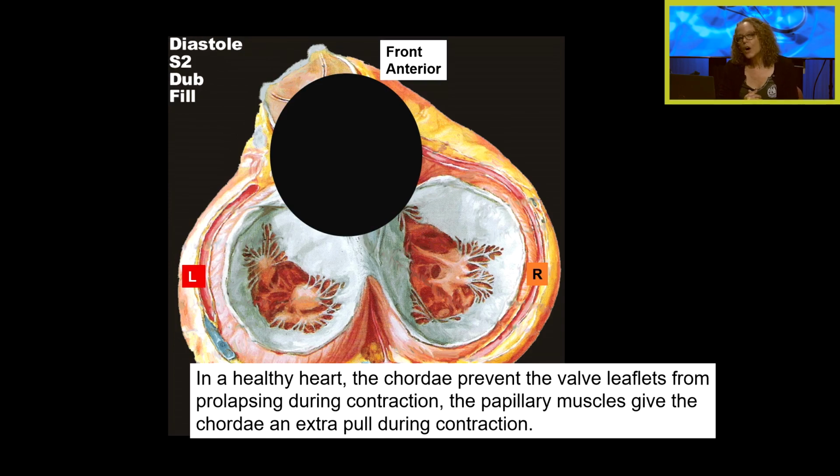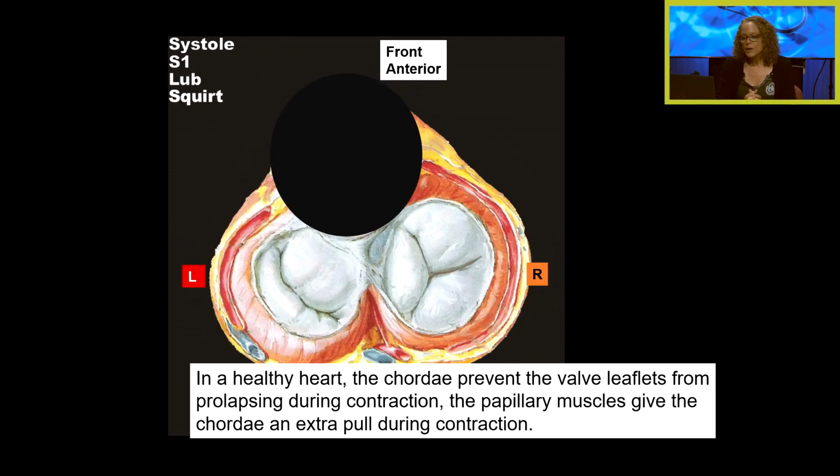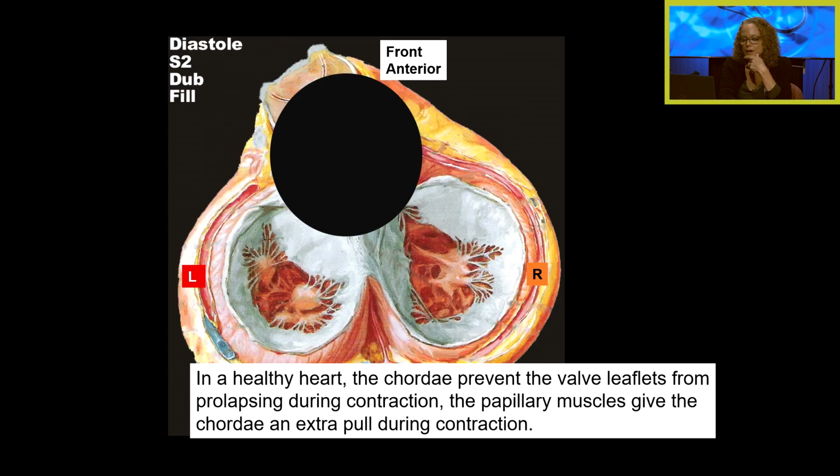So in a healthy heart, the chordae, these are chordae tendineae and the valve leaflets actually prevent the valves from prolapsing during the contraction. The papillary muscles also give a nice chordae this extra pull during contraction so that they completely close in between.